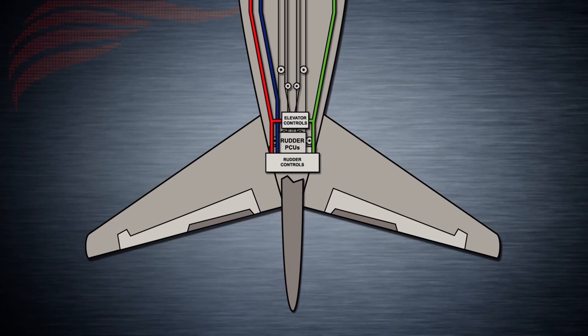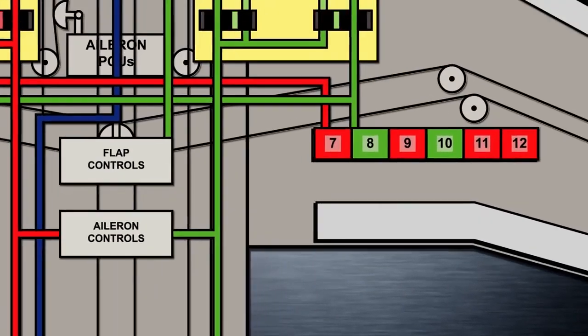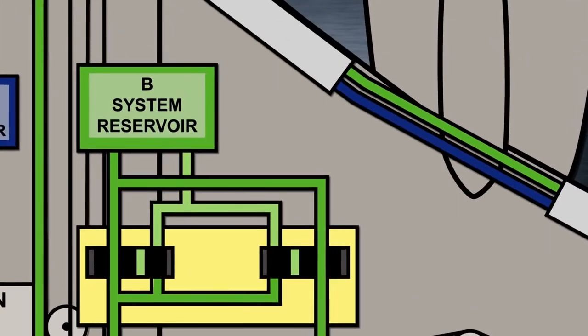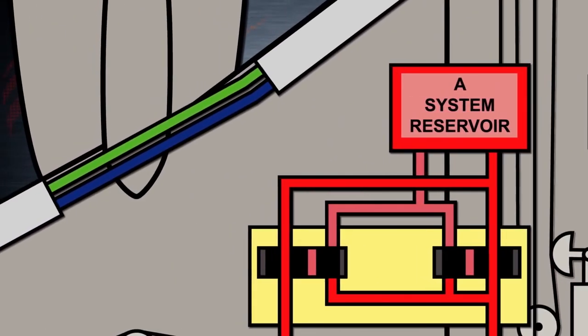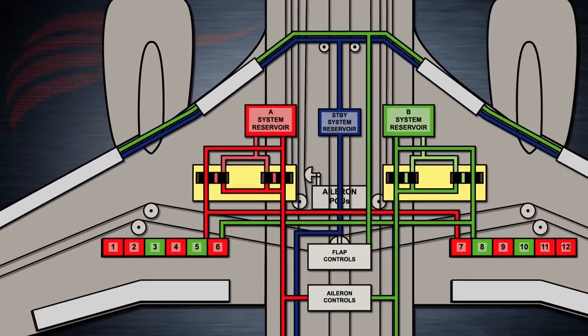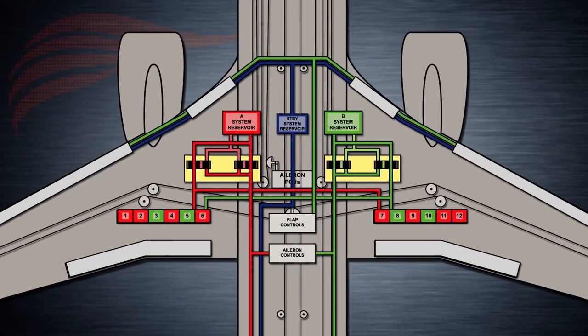The autopilots have a separate series of actuators that also give mechanical input to the elevator PCUs. The right PCU gets hydraulic system B pressure, and the left PCU gets system A pressure. This means either hydraulic system may command both elevators in case one of the two systems fails. The PCUs ensure that the elevators may always be moved under any condition.